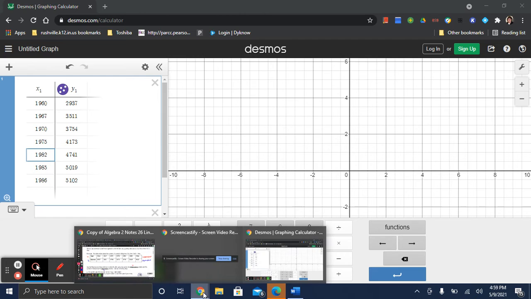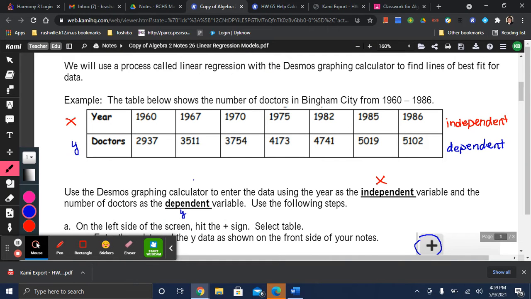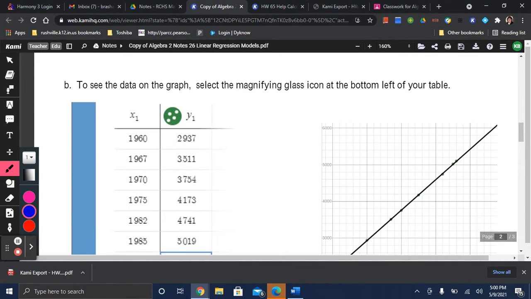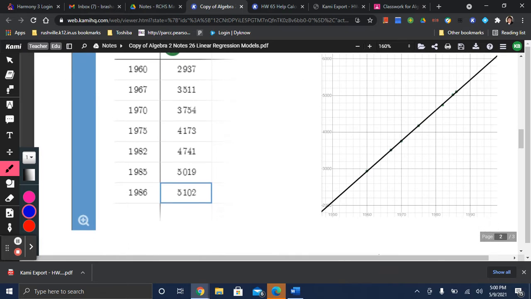So then if we go back to what it says to do next, it says after you've typed it, you can't really see your data. So we want you to select this magnifying glass. I'm trying to get my pen to work.